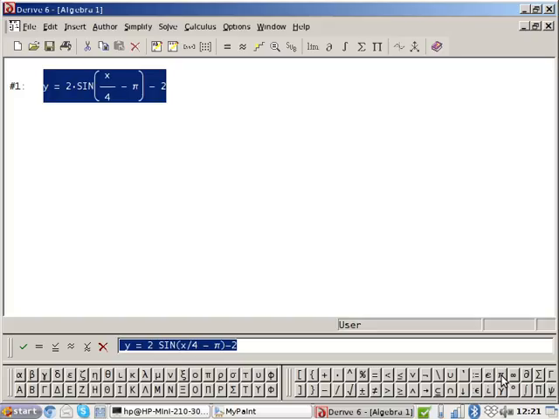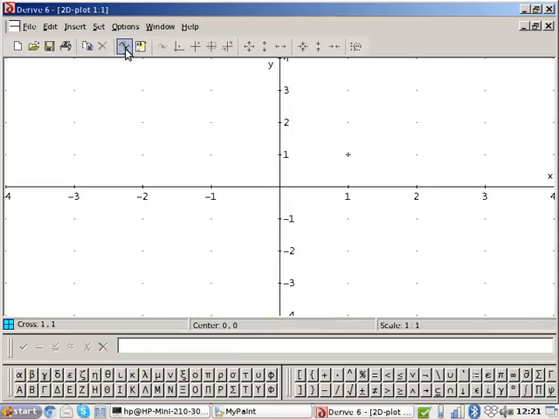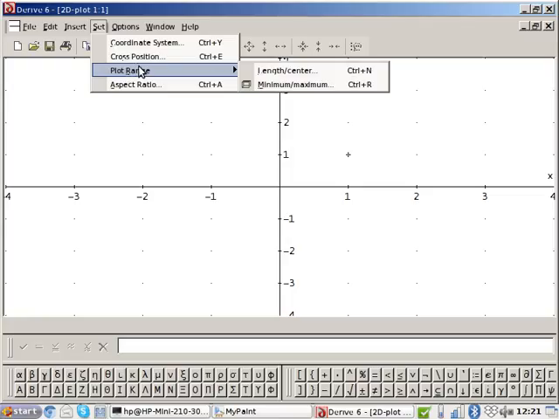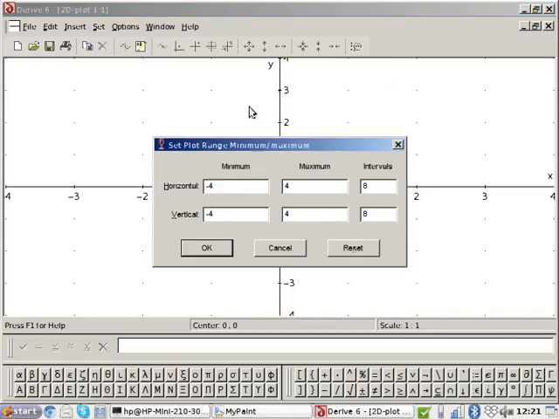This is what we had to begin with. Let's graph this and see what happens. So let me just set the range. Minimum, maximum. So we're going from minus 6 pi to 6 pi. Pi is 3.1415. And then it was from minus 4 to 4, it's fine.